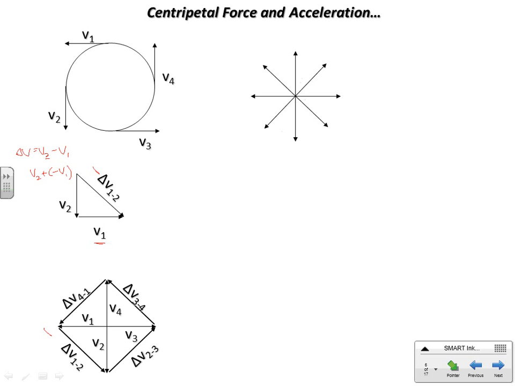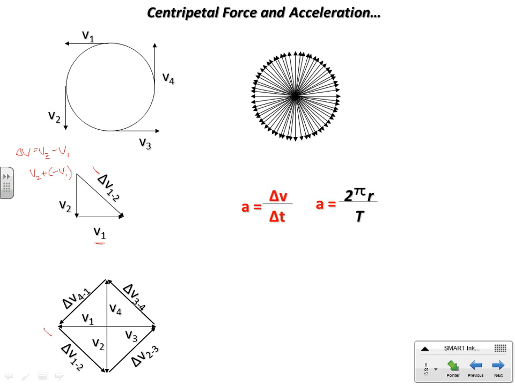There's really more like 8 velocities, more like 16 velocities, really an infinite number of velocities. If we want the acceleration, we find the total change in velocity in one period. What's the total change in one period? Well, the total change is not the perimeter of this square, but the circumference of this circle.